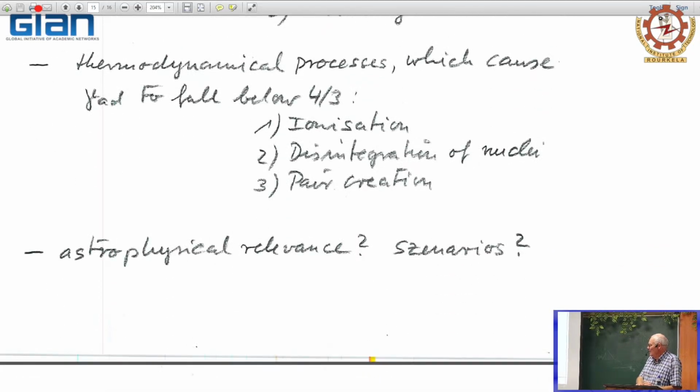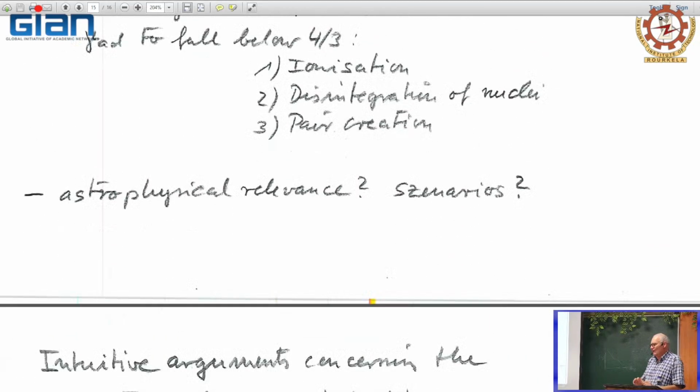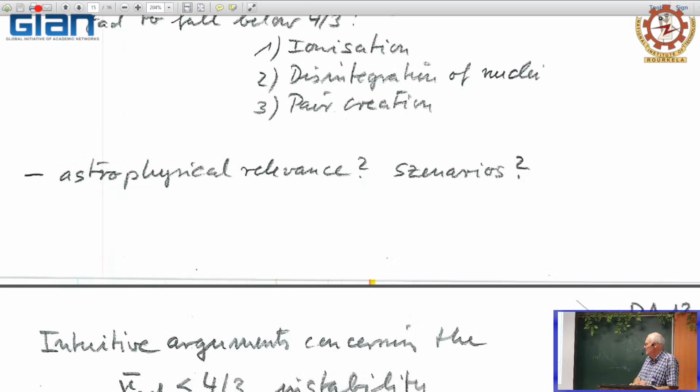So let's finally introduce some intuitive argument why the critical value of the adiabatic index should be 4/3 for dynamical instability.